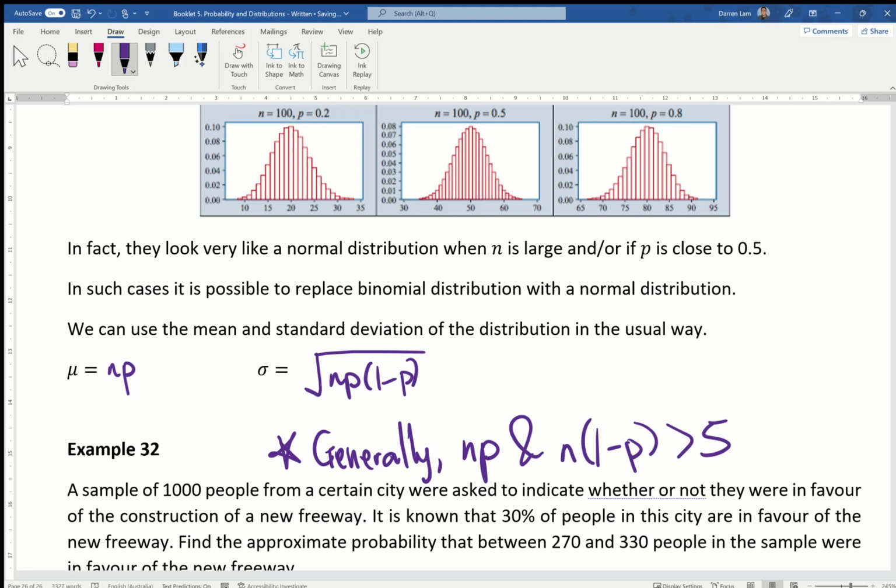Any questions? Okay. So if you multiply np, or n times (1 - p), and end up with a value of 20 or 30 or whatever, generally speaking we can use a normal approximation. If you get less than 5, we try not to use a normal approximation.